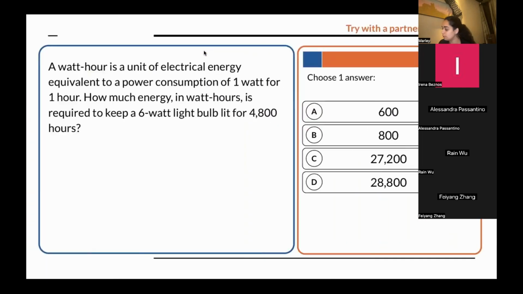Keep moving on. A watt hour is a unit of electrical energy equivalent to power consumption of 1 watt for 1 hour. Watt times hour for the watt hour. This is important. If it was watt over hour, it would be a different solution, as we'll see.